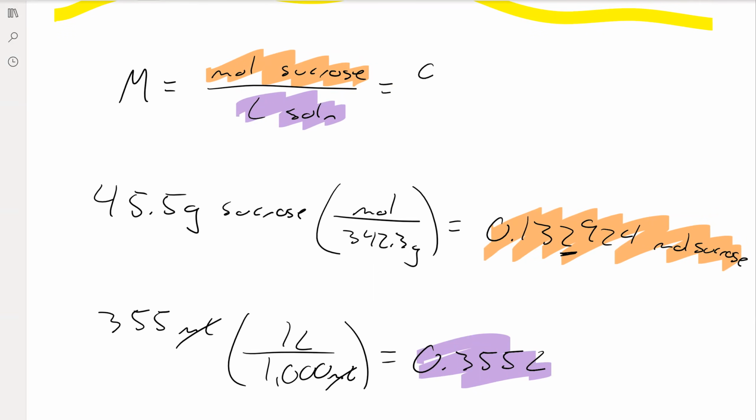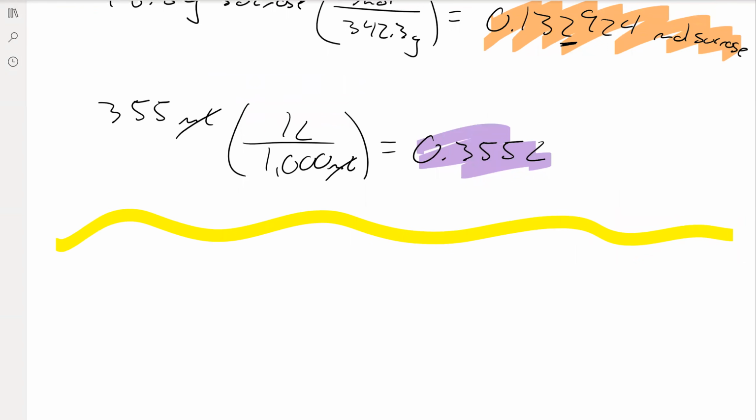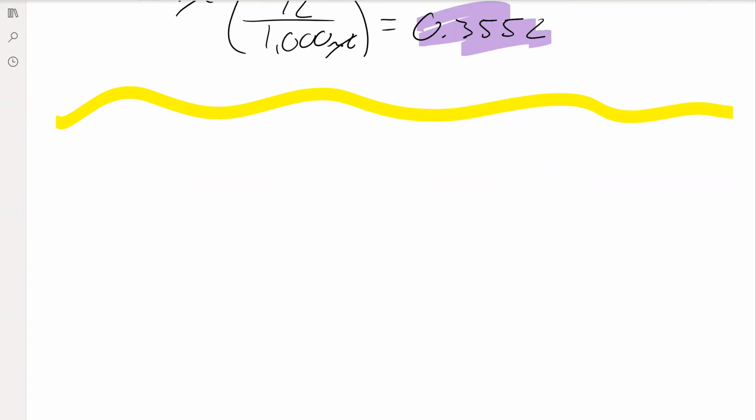So then you do 0.132924 moles over 0.355 liters, and then you get the same answer of 0.374 molar. So as you can see, there are multiple different ways to do any problem in chemistry, especially once we start getting a mixture of conversion units, plugging and chugging, that kind of thing.